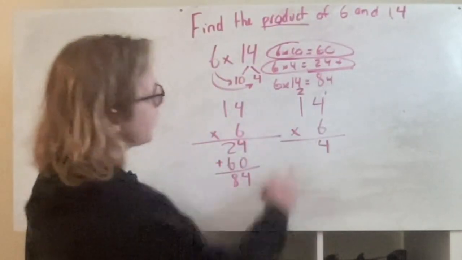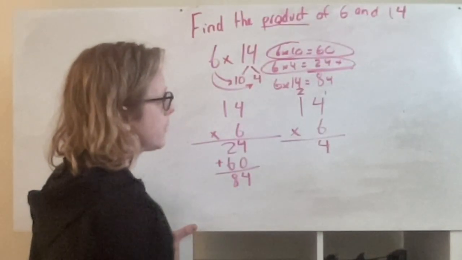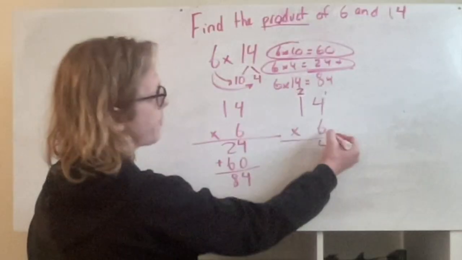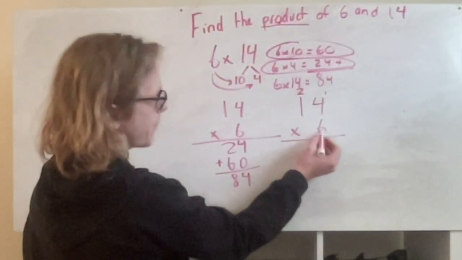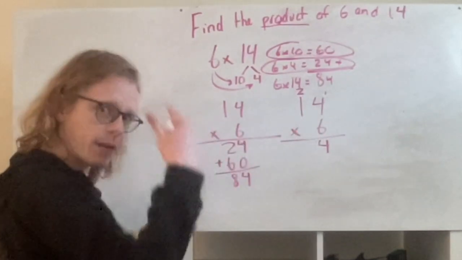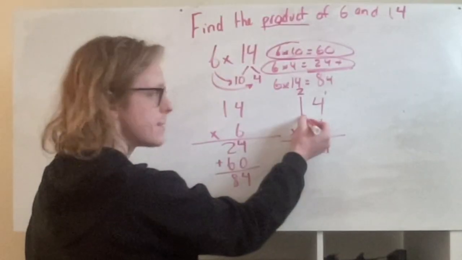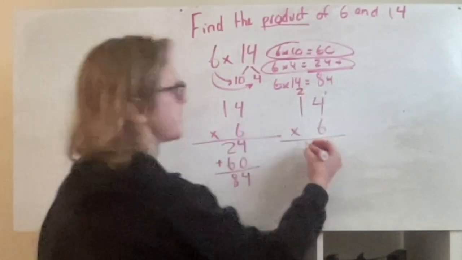So I put it up here right above the 1. Okay? 6 times 4, 24. Now from there, I'm going to multiply by the 1 in the tens place. Okay? In my head, I just think about it like a 1. 6 times 1 is 6, plus 2 more gets me 8.